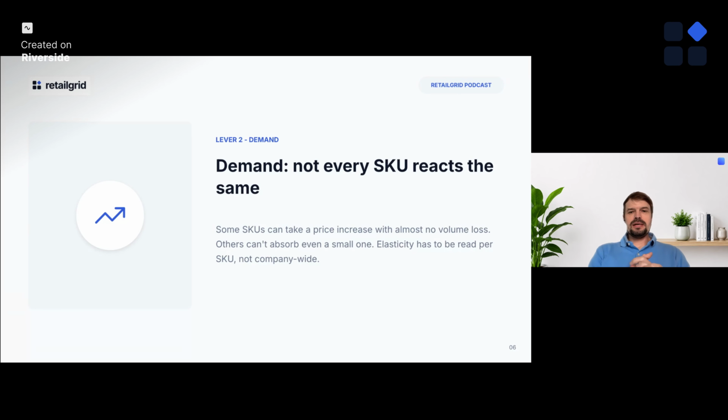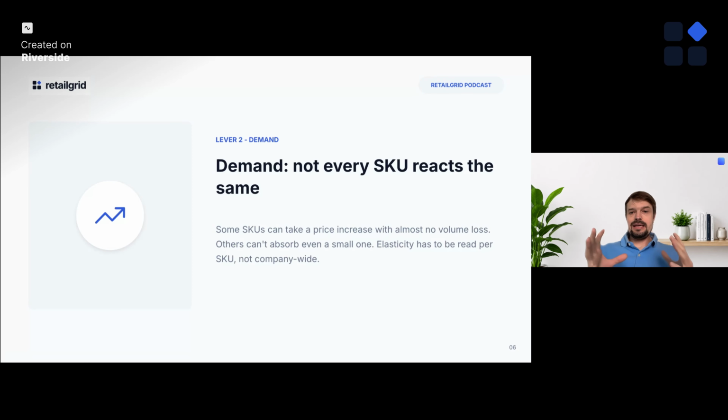Demand is probably the most advanced. What is the level of demand from our customers? How many product units do they want to buy from us? The key challenge here is to understand it from data on a very granular and precise level.